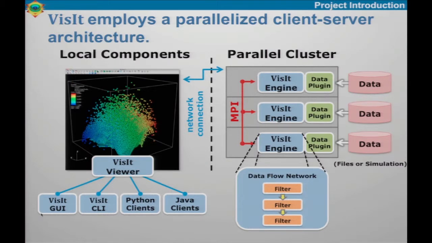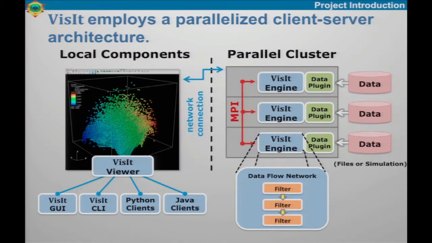And so we have a GUI, we have a Python interface, we have customizable Python clients. You can actually build your own streamlined interface. For me, it takes a couple hours. For a guy who's a real whiz at it, he can make you a custom interface in a half hour. It's actually pretty amazing how quickly they can put together interfaces now. And also we have a Java client.